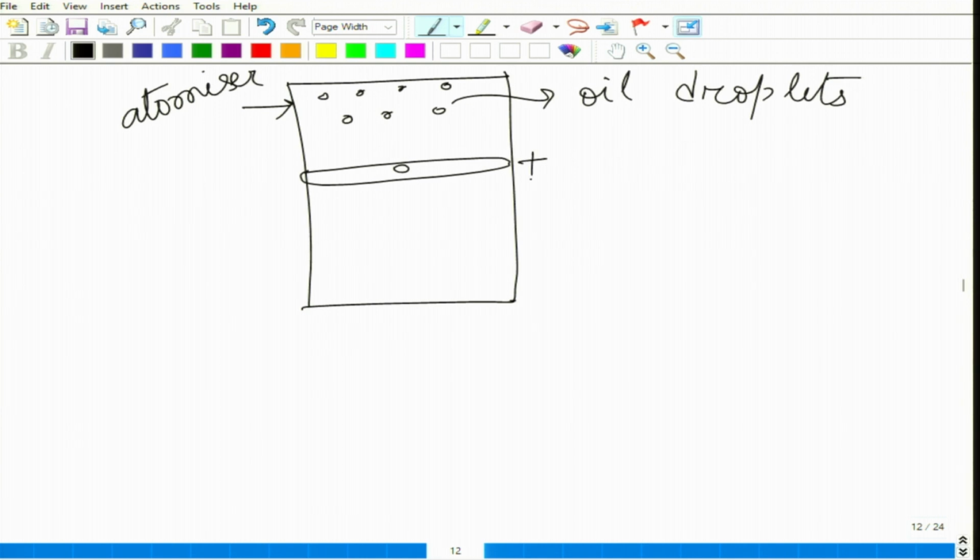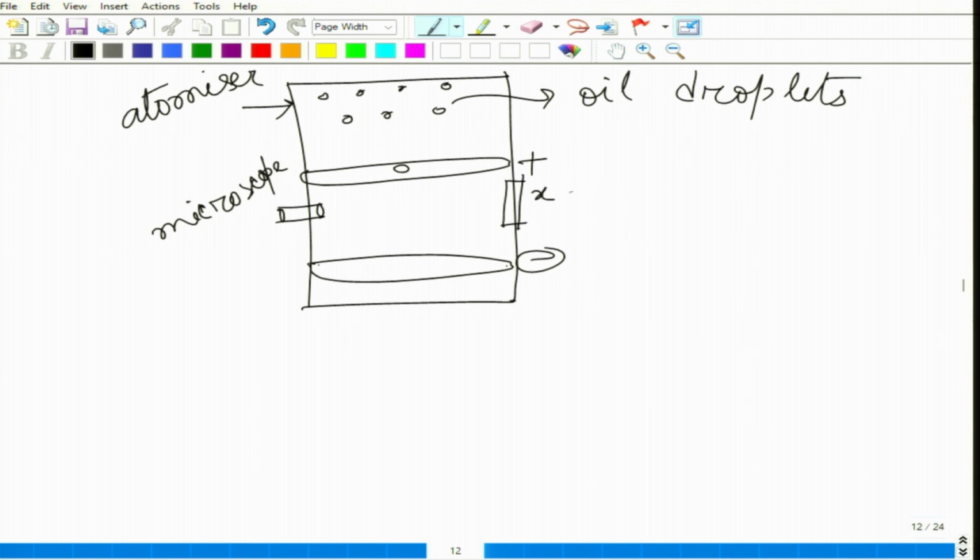This screen was the cathode, and below it there was another electrode, that is the anode, and in this space there was a microscope which viewed the oil drop, and there was one X-ray source which generated X-rays into this chamber, and this chamber was filled with gas.